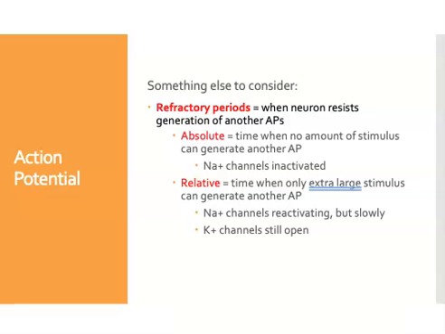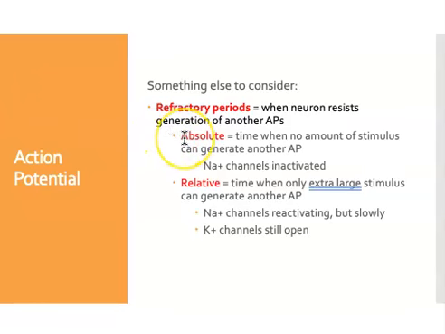So during an action potential, it's not easy to start another action potential. There are times when it's impossible to start another action potential, and then there's another time when you can do it, but you need an extra large stimulus to achieve it.